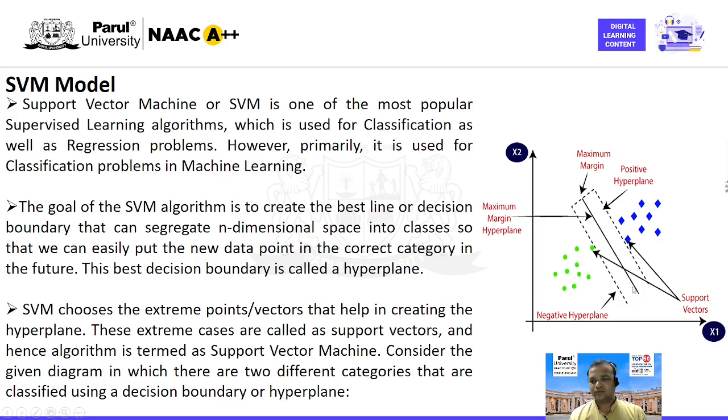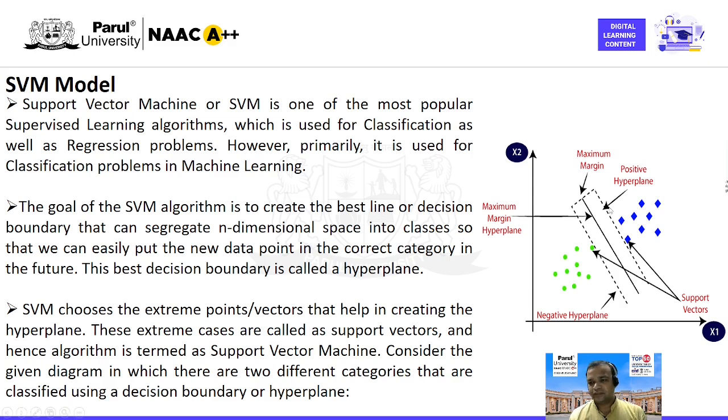This is the maximum margin hyperplane, you can say decision boundary. Nearby there are two extreme hyperplanes. One is the positive hyperplane, which is extremely near one of the support vectors, and the other is the negative hyperplane, which is extremely near the other support vector.